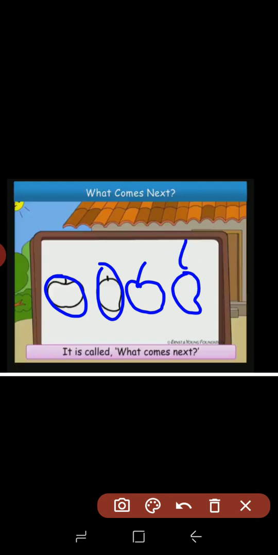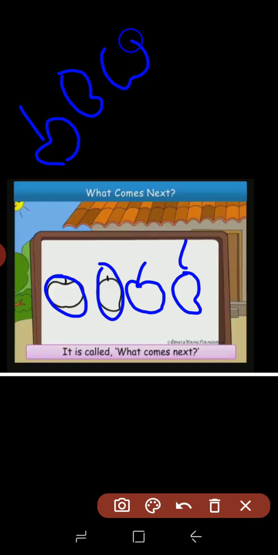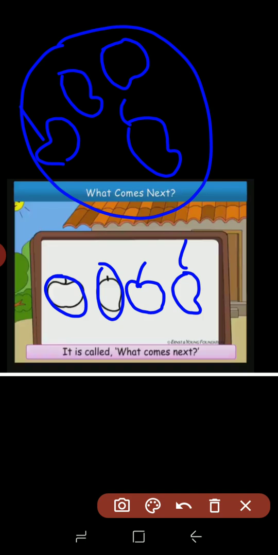Understood? Then again we can draw apple and then mango. So this is a pattern of any kind of picture. Understood?